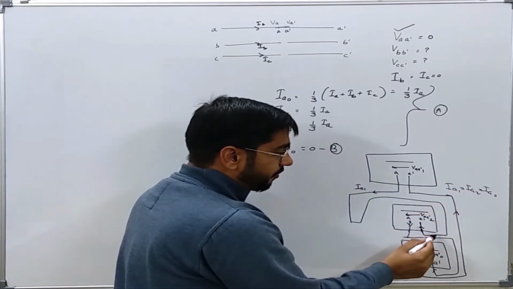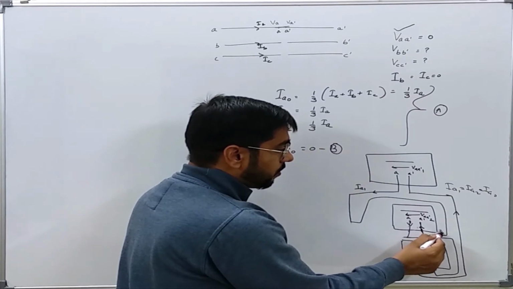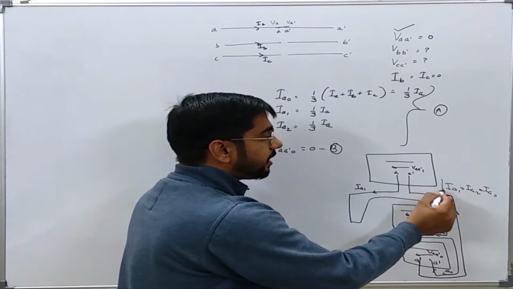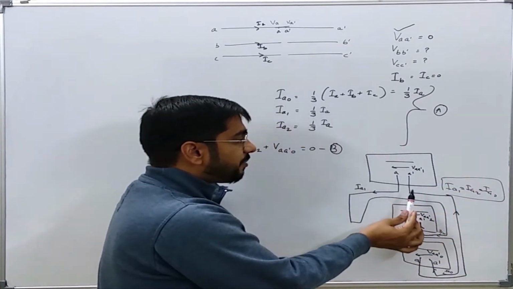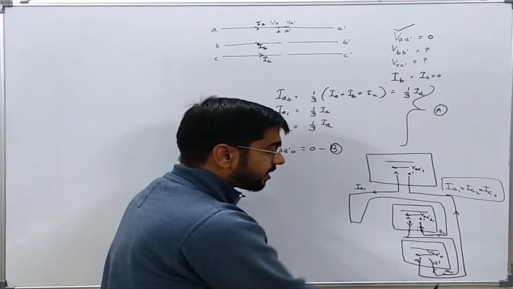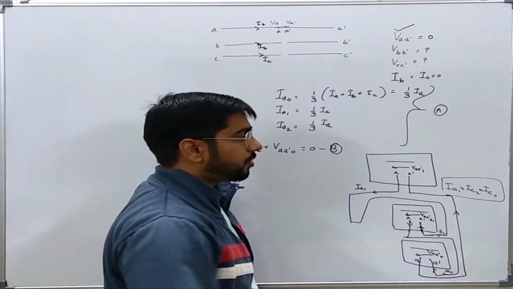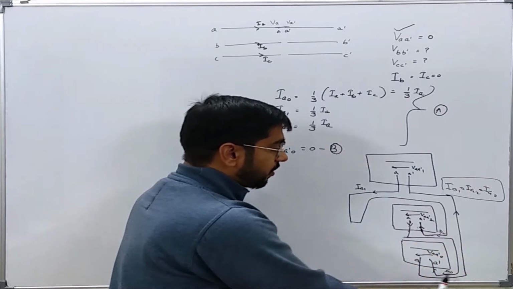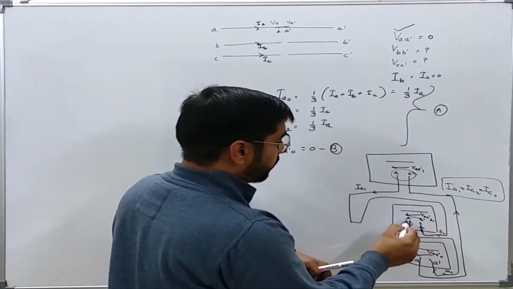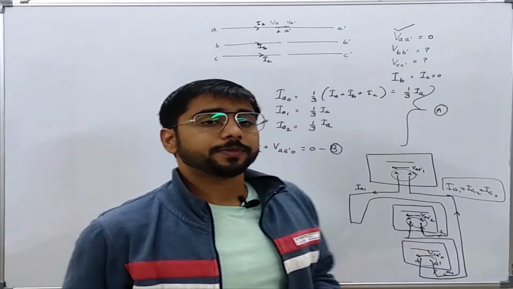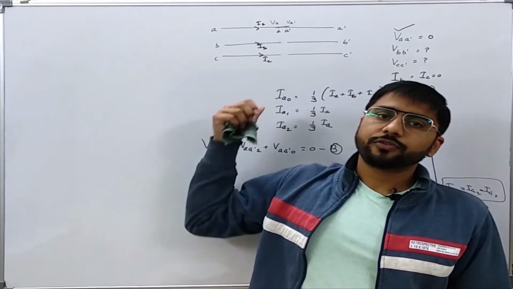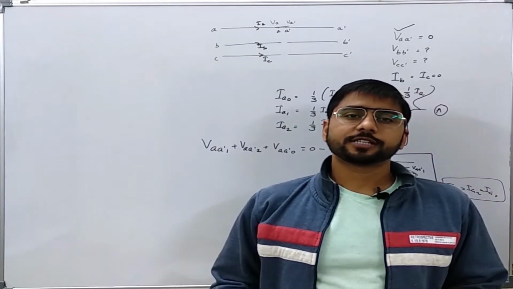Similarly, the sum of voltages VAA dash 1, VAA dash 2 and VAA dash 0 is equal to 0 in this interconnection of sequence networks at the fault point. So in this way we can analyze the condition of two conductor open in a three-phase system.